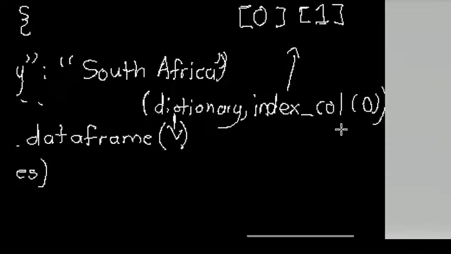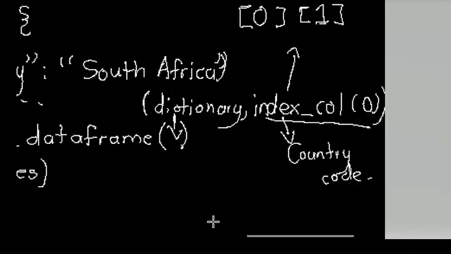It might be easier and more practical to, for example, use the country code. So in that case, you would use the index call function.